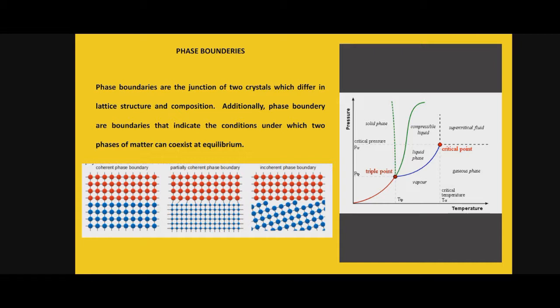Phase boundaries exist in multi-phase or mixed-phase materials, in which a different phase exists on each side of the boundary. Phase boundaries play an important role in determining the mechanical characteristics of some multiple phase alloys. As you can see in the picture, there are coherent phase boundary, partially coherent phase boundary, and incoherent phase boundary.